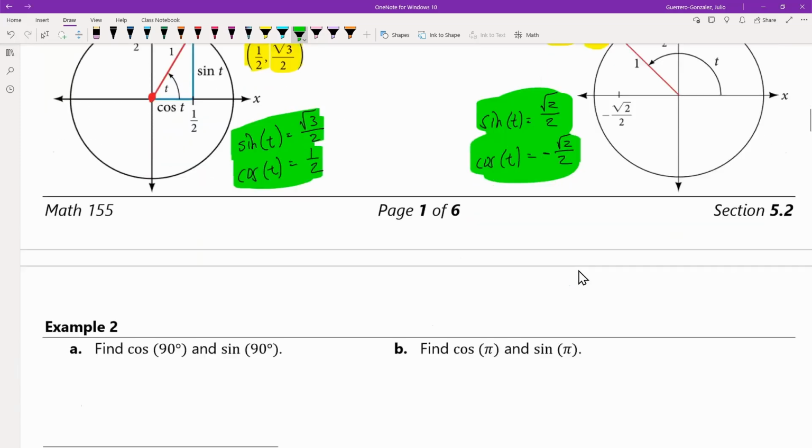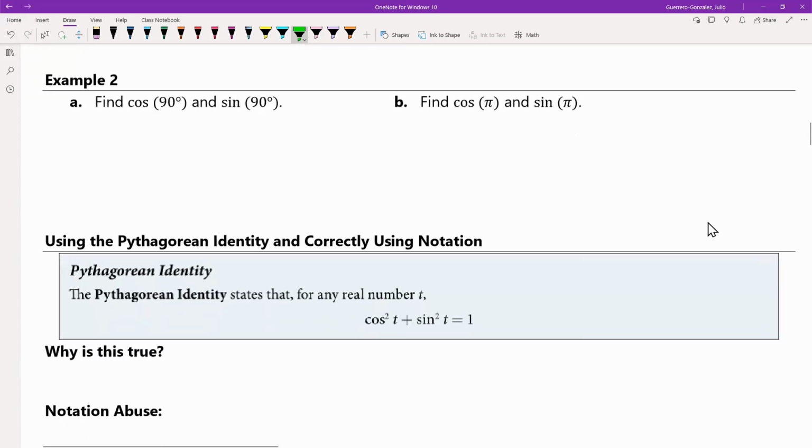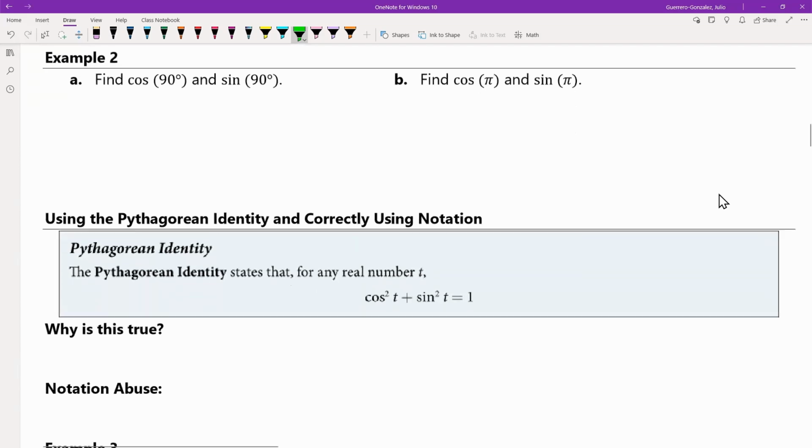Okay. We're getting into good stuff now. So now, let's say we wanted to find the cosine of 90 degrees and the sine of 90 degrees, or the cosine of pi and the sine of pi.